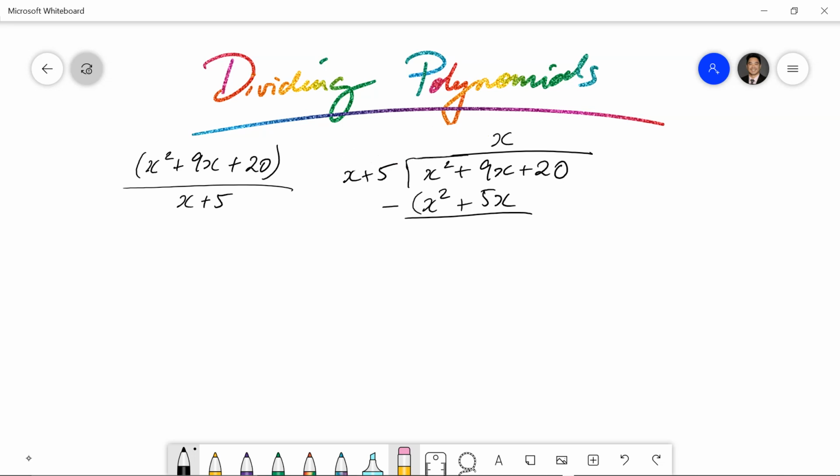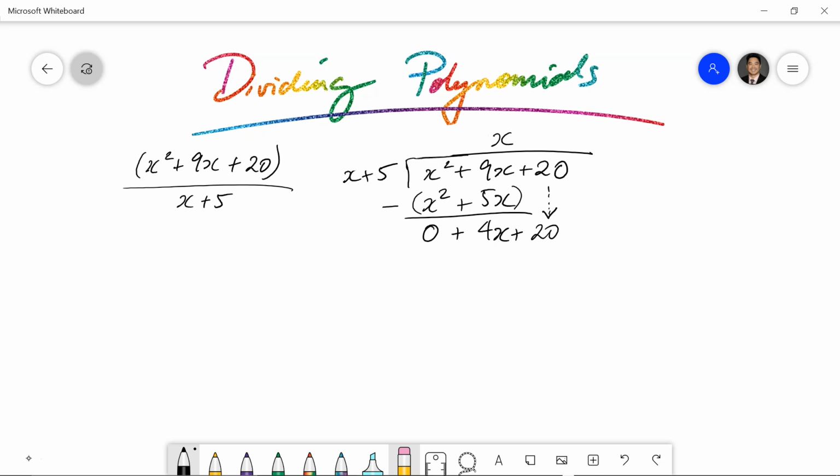Then we subtract, and I want to put brackets here because the subtraction applies to both terms. So x squared minus x squared is just 0, and then 9x minus 5x is 4x. Now, we can then do the same thing. We drop down the 20, and we're left with 4x plus 20.